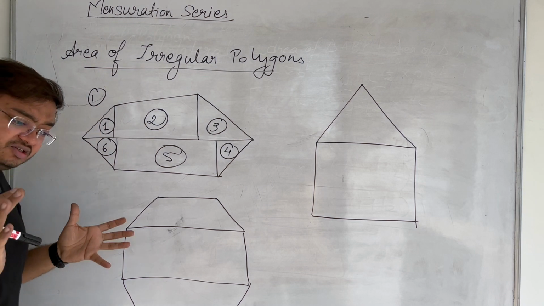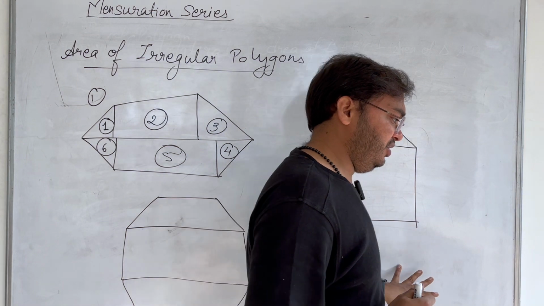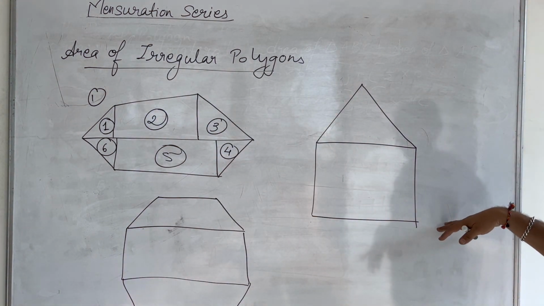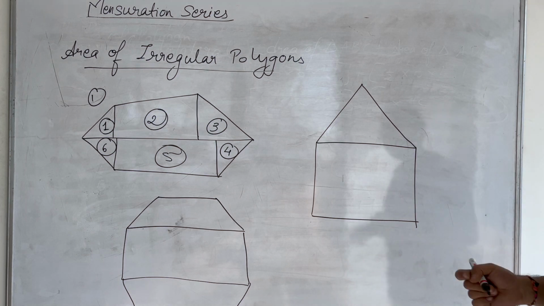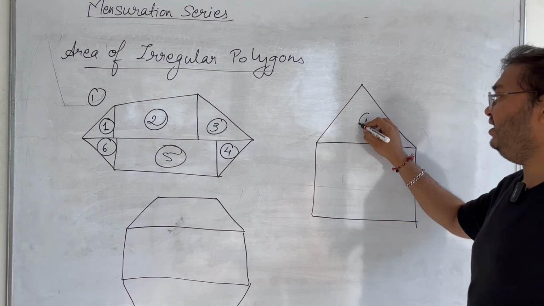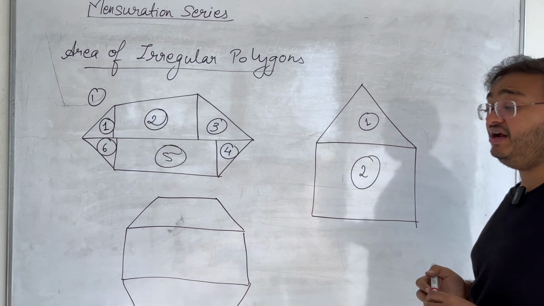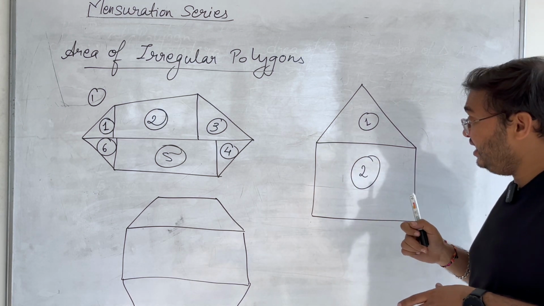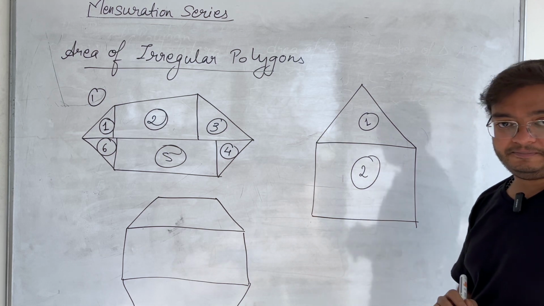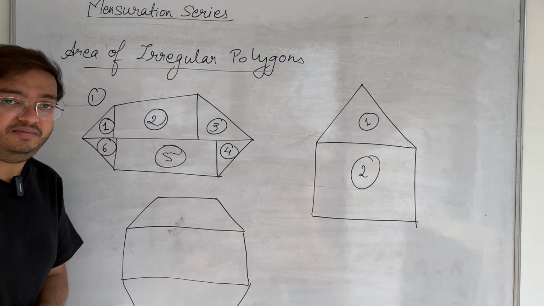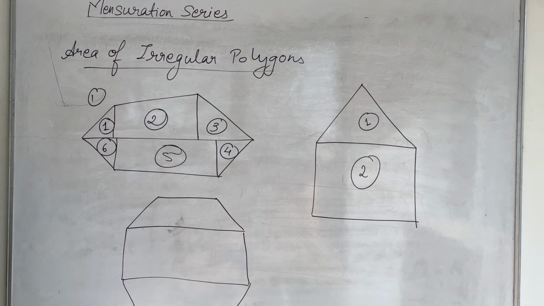So your formula is not defined. Same way, if I come over here, it looks like a house which we used to draw in the small grades. This has been constructed with 1 triangle and 1 square. So here the area of the irregular polygon becomes area of triangle plus area of square. Same way, here this is an octagon, an 8-sided figure.